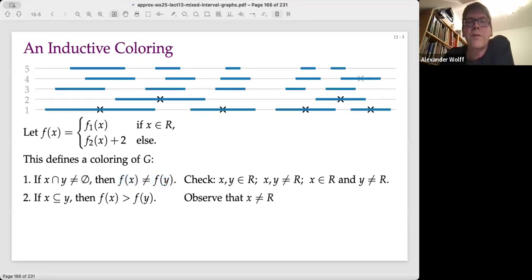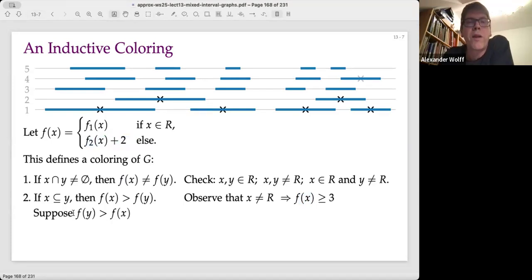And in the second case, the reason is even simpler. So the contained interval cannot lie in R. So the value of f of x must be at least 3, according to this definition up here.